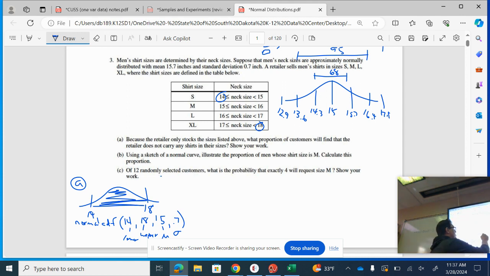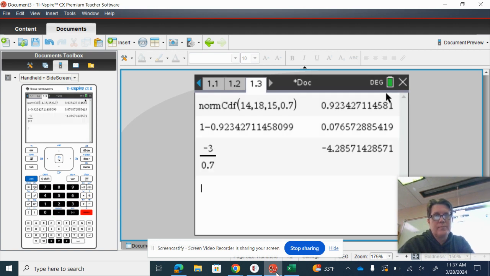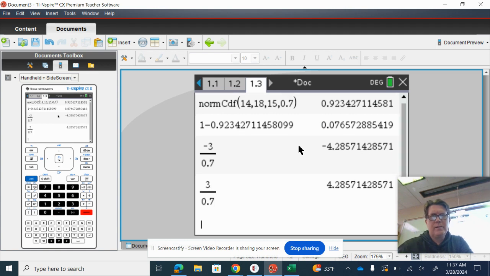But otherwise, you should do two z-scores where you take 14 minus 17, divide by 0.7, and what are we going to get? Brain's not working, -3 divided by 0.7. -4.28 z-score. Then we're going to get 18 minus 15. That can't be right.